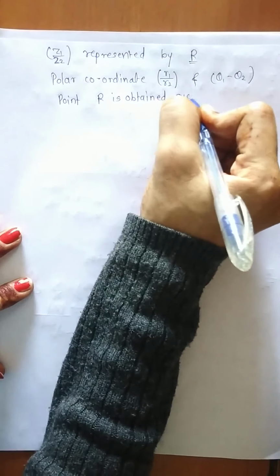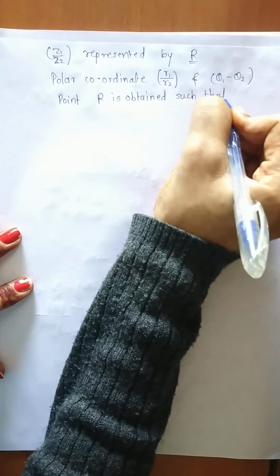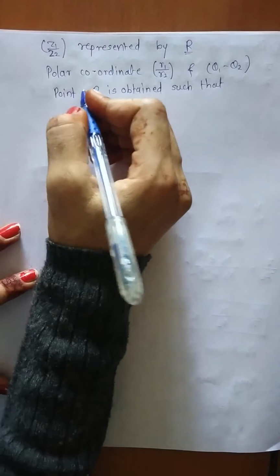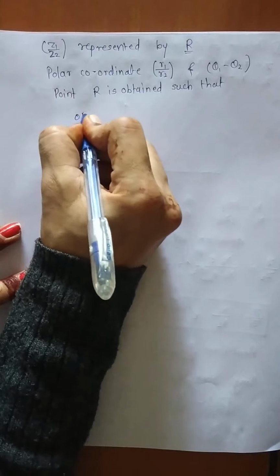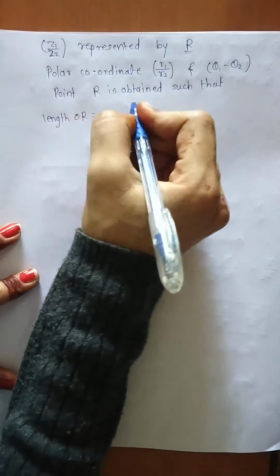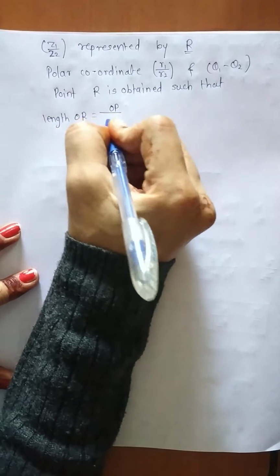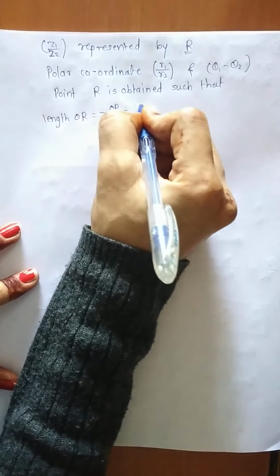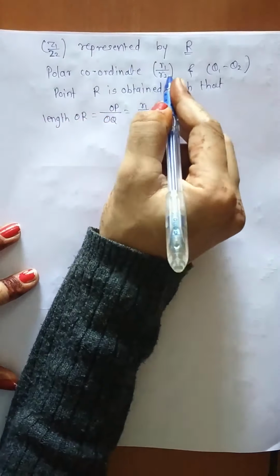such that the magnitude, that is length OR, this length OR will be what? OP upon OQ. Means what? R1 upon R2. Okay?